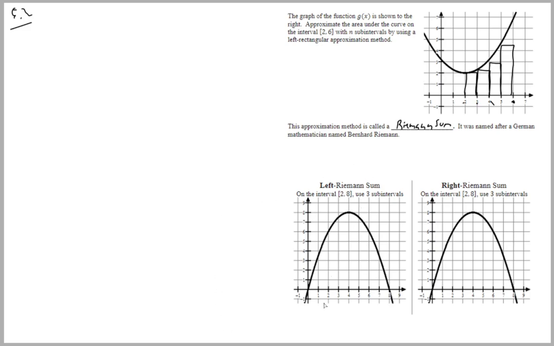So with left Riemann sums, you start from the left, and you go all the way up to the function. And then you go down. 1, 2, and 3.